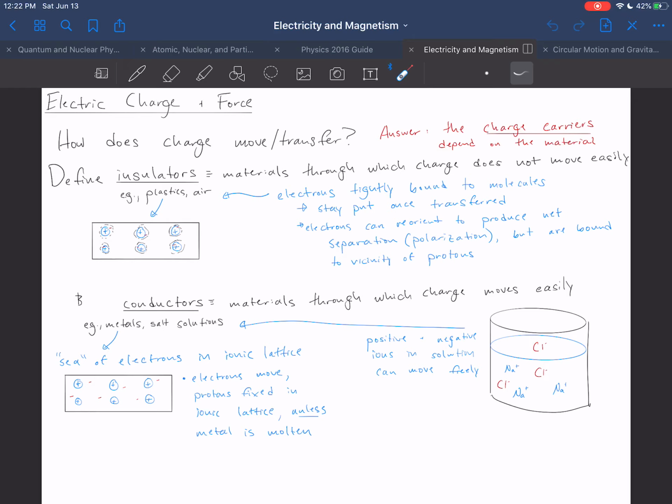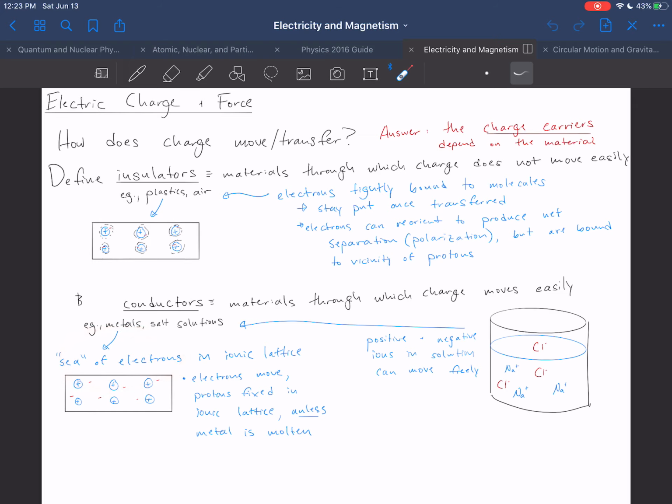So they are sort of evenly spaced apart at particular points, and then the electrons are not necessarily bound to a particular ion, but sort of float around in what is traditionally referred to informally as the sea of electrons. This is not the case if you melt the metal, if that metal is molten. Then you have those protons moving freely as well, but otherwise the charge carriers are those electrons in the sea of electrons.